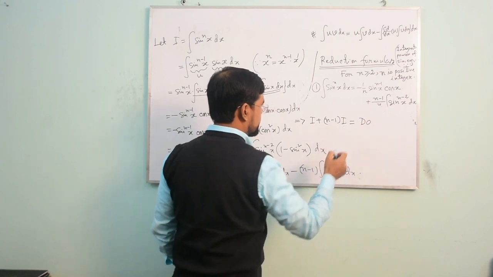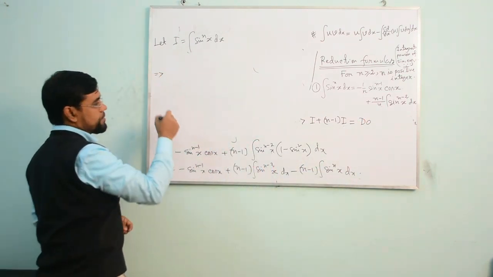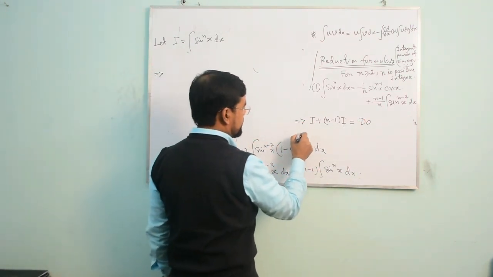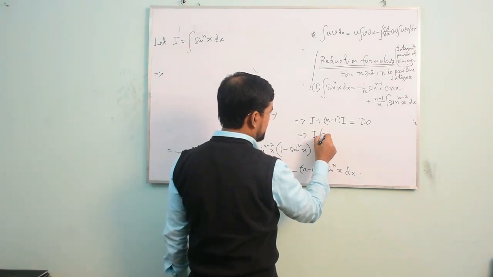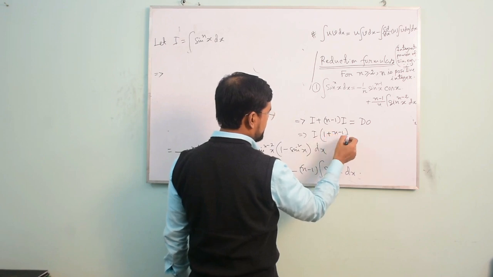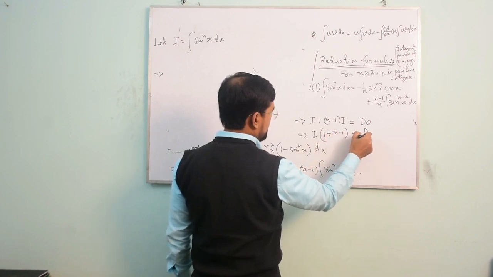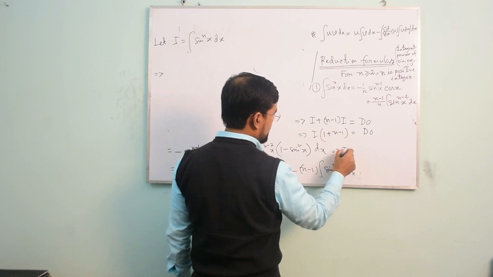Do it by yourself. So on the left side, you see you have only n, because 1 plus n minus 1 is equal to n.